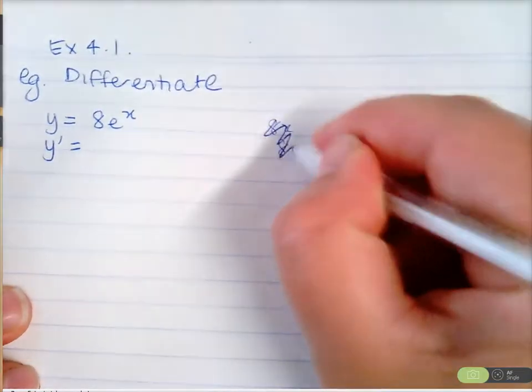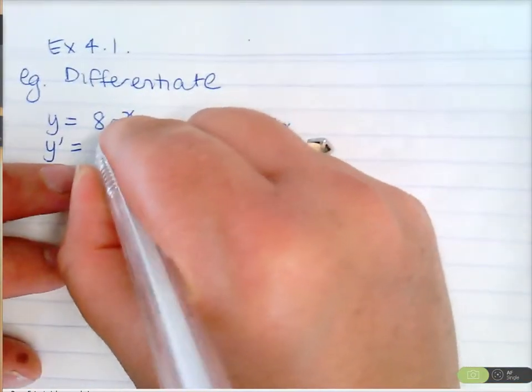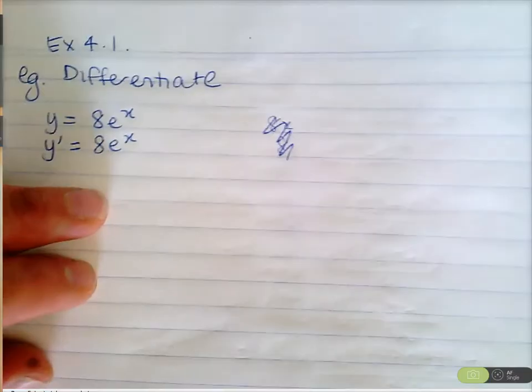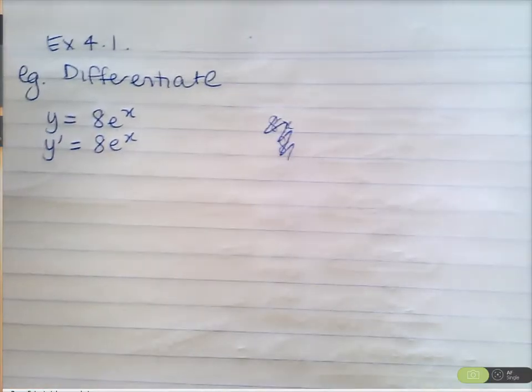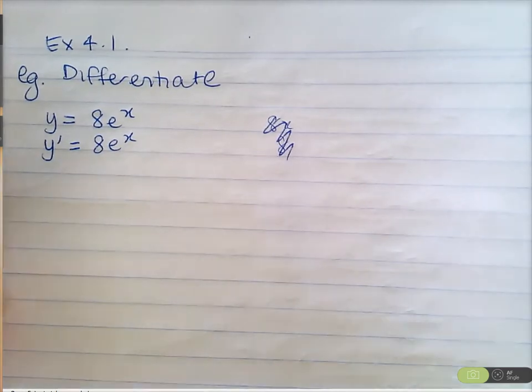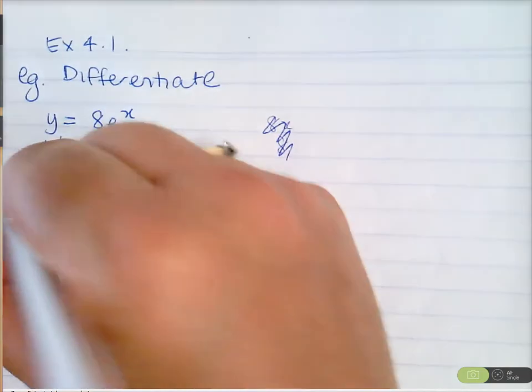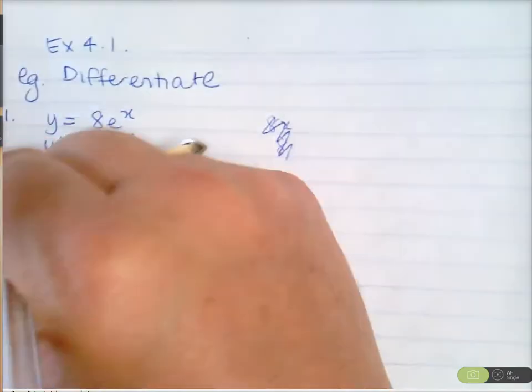So when you differentiate, the constant will stay, then we differentiate e to the x and we just get e to the x. Alright? If you differentiate 8e to the x, you also get 8e to the x. So that's the first example.